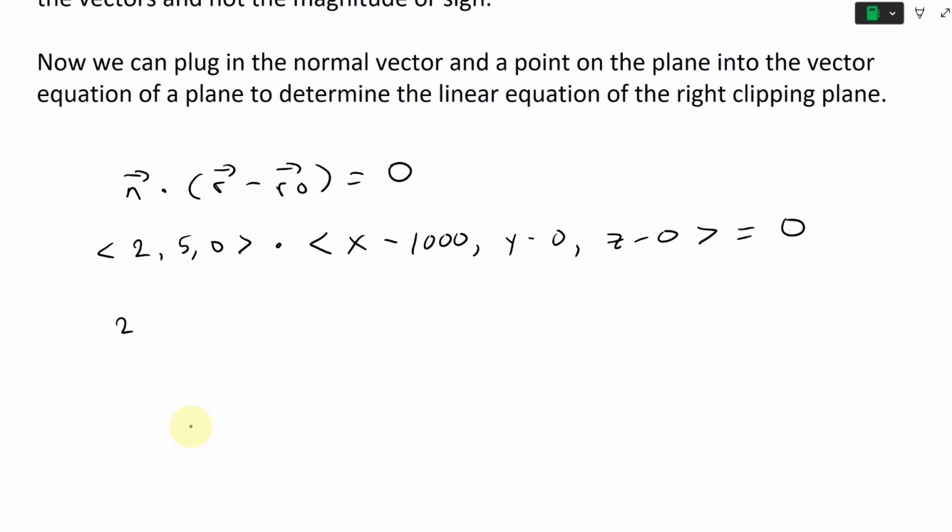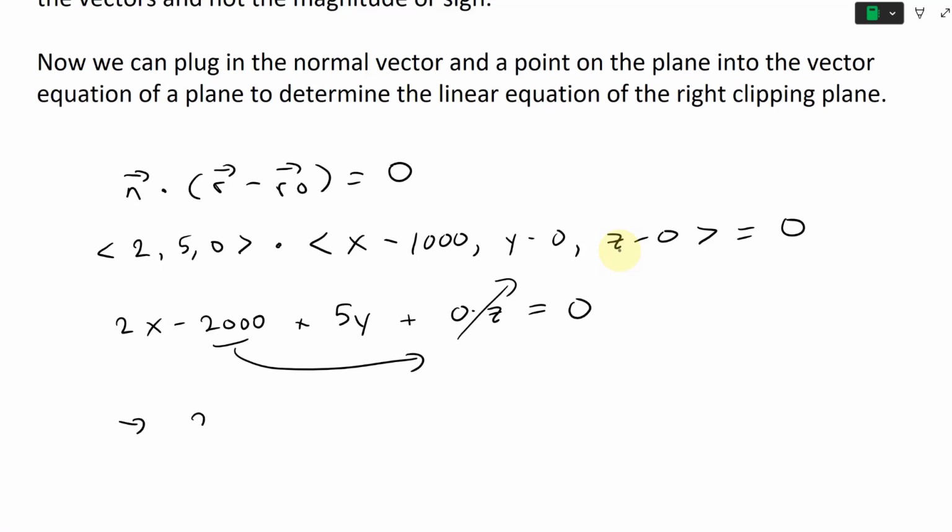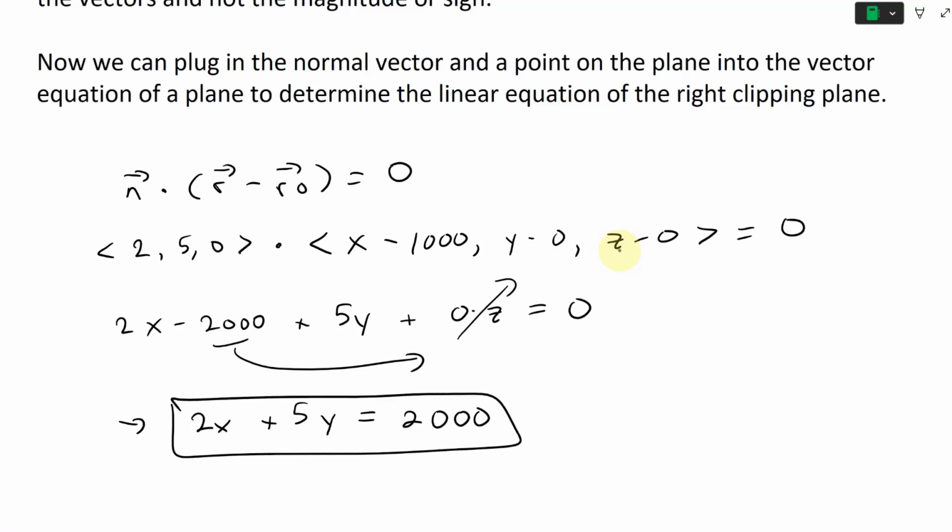So 2 times (x minus 1000), then 5 times (y minus 0), which doesn't change anything, so 5y, and then 0 times z, which equals 0. So this vanishes, and moving this over to the other side we get 2x plus 5y equals 2000. This is the equation of a plane.